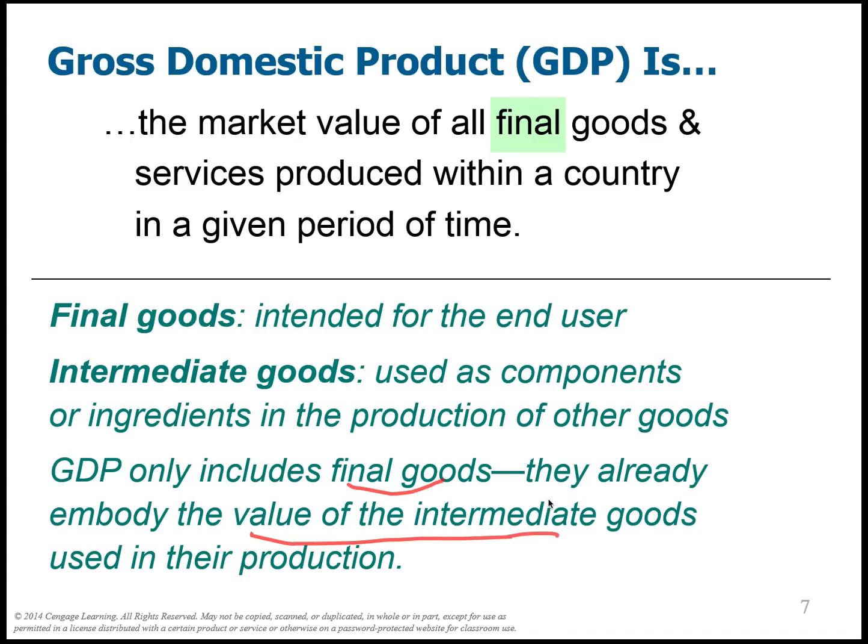So for a computer, I only include the total sale price of the computer. I don't include the price of the hard drive inside or the microchip, because all of those are already picked up in the price of the final good. If I added them in there, it would be double counting.